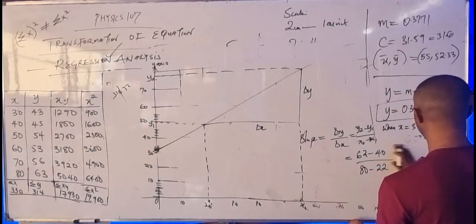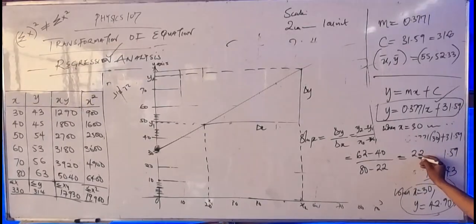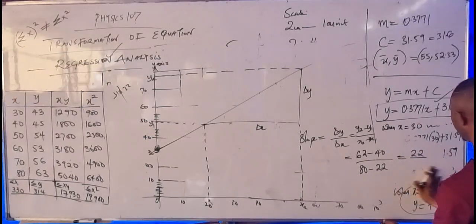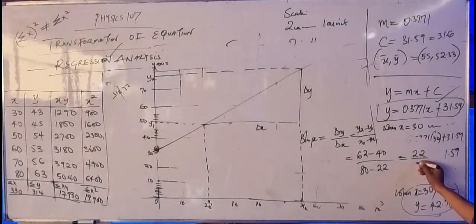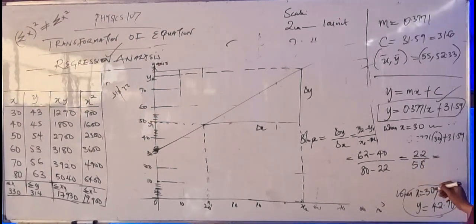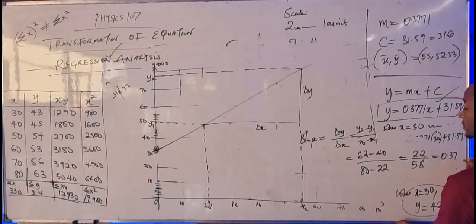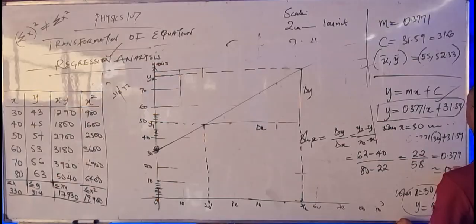So when you subtract this, what do you have? 22 minus, what do you have here? 58. So what do you have when you divide these two? Divide 22 by 58. 0.379, which is about 0.38.